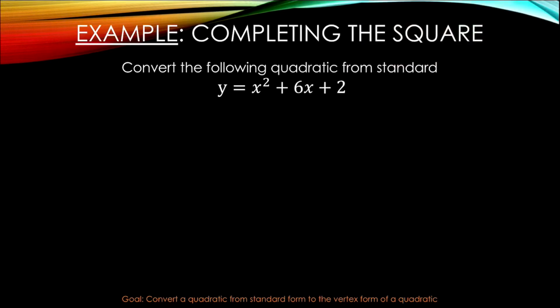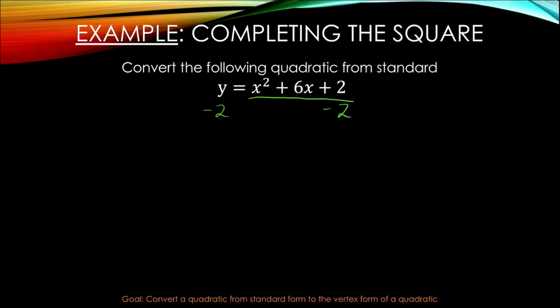I'm going to look at this equation. I'm going to look at the side with my input variables, that's my x side. I'm going to move anything that does not have an input variable, or an x, to the other side. So I'm going to subtract 2 from both sides.